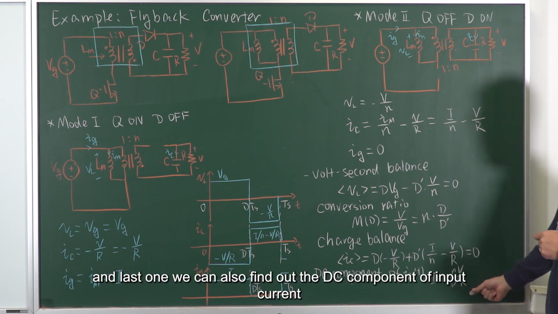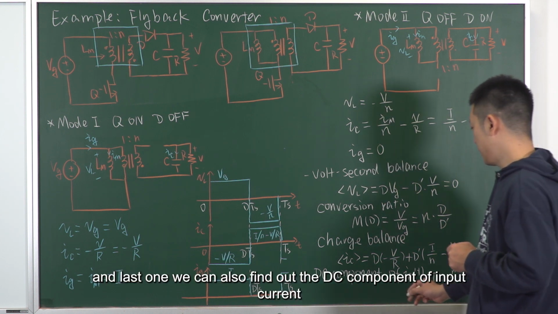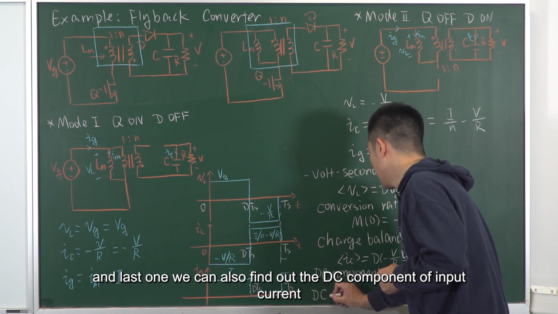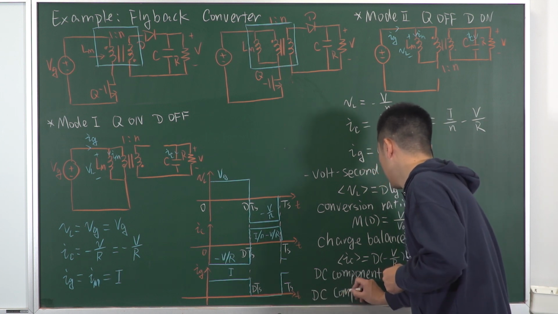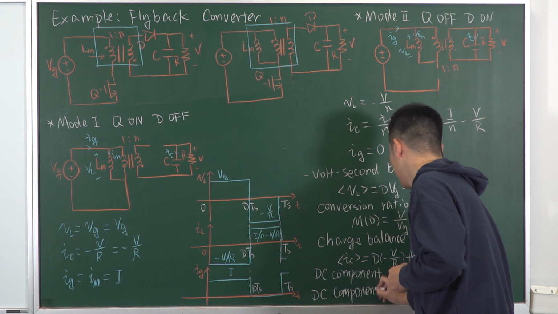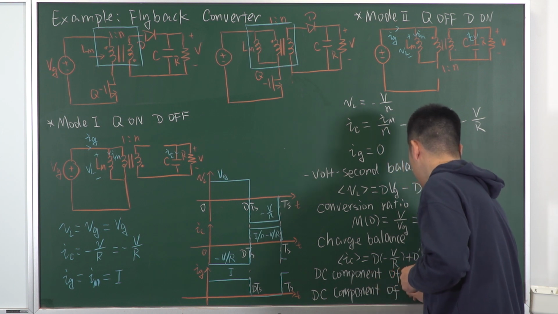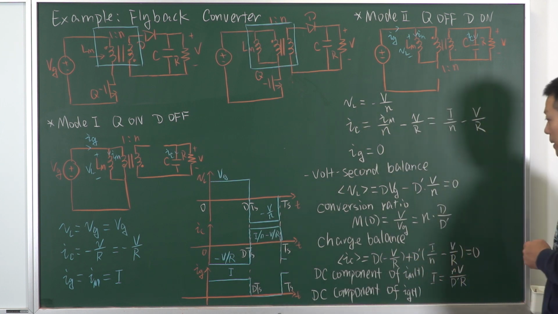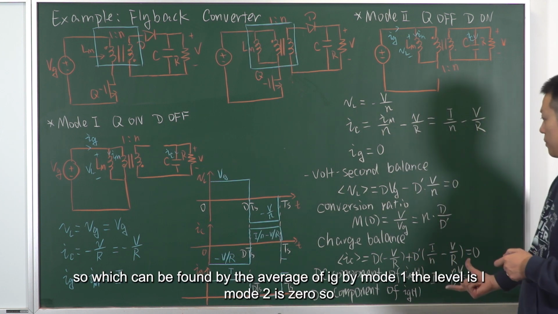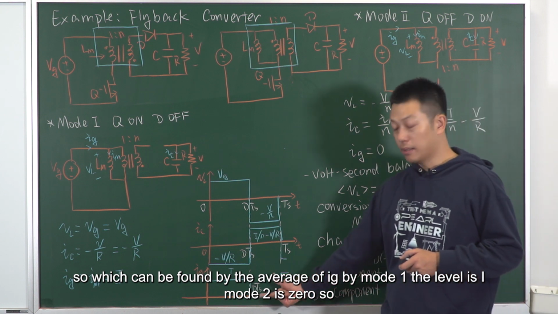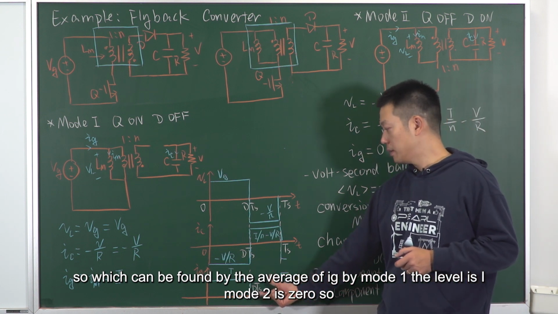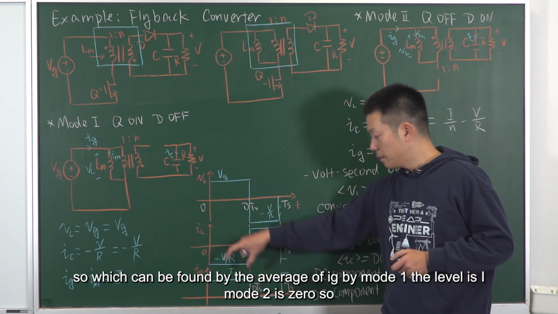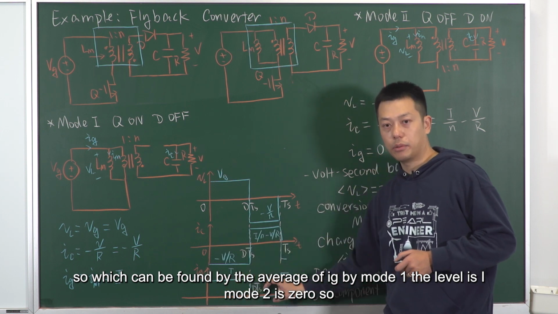And the last one, we can also find the DC component of the input current, which can be found from the average of Ig, right? In mode 1, the level is I. In mode 2, it is 0.